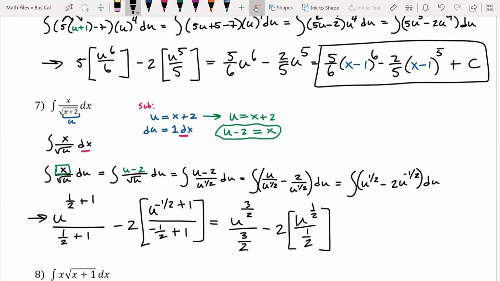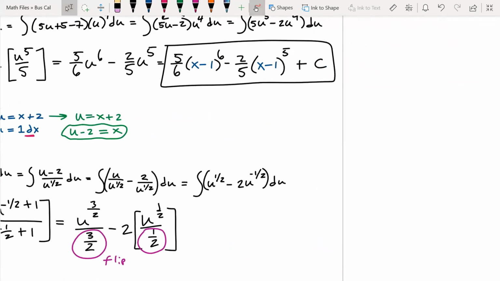And now flip both of these fractions. And we're almost there. This would give you 2u to the 3/2 over 3 minus 2, this one's almost done, times 2u to the 1/2.